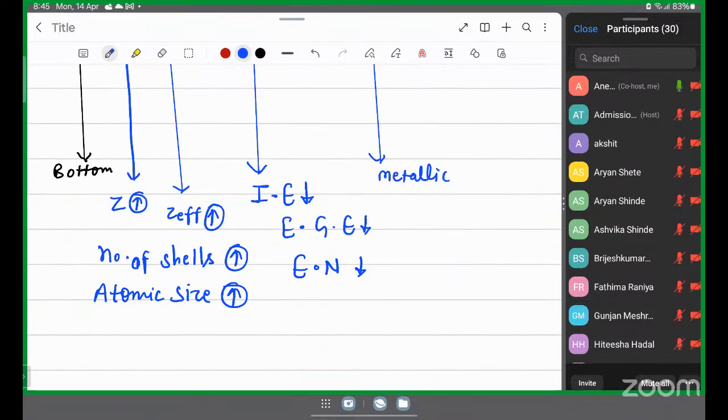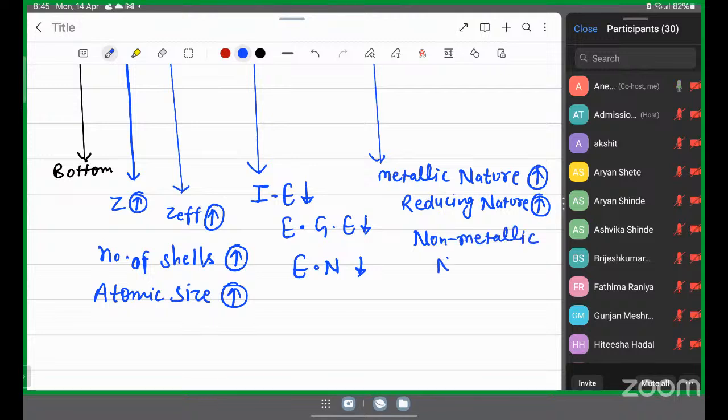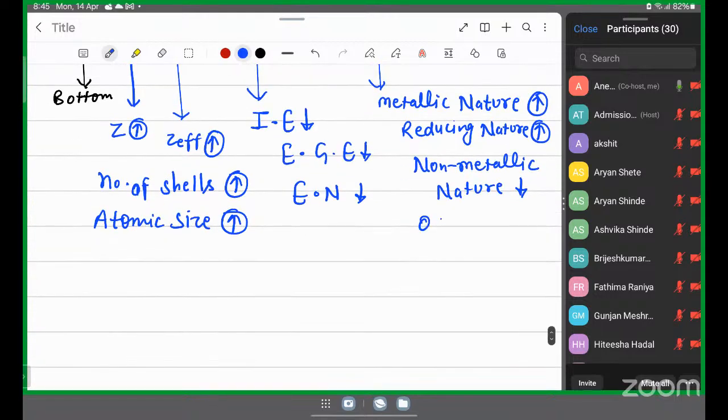Metallic nature increasing means reducing nature increasing. Non-metallic nature decreases, which means oxidizing nature decreases.